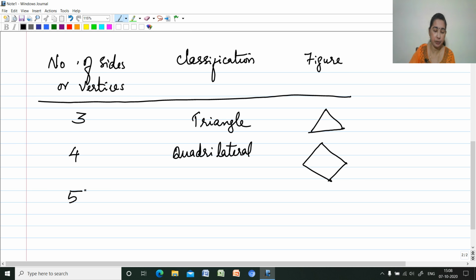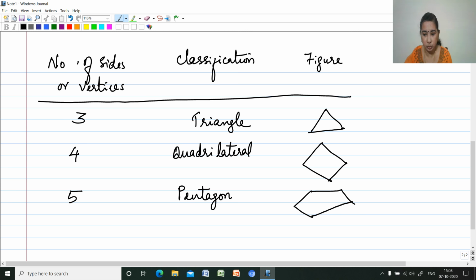Then if the number of sides is 5, we call it a pentagon. Five-sided figures are pentagons, and it can be drawn any way. This is a pentagon: 1, 2, 3, 4 and 5. The only thing is that it is a five-sided figure made up of line segments.